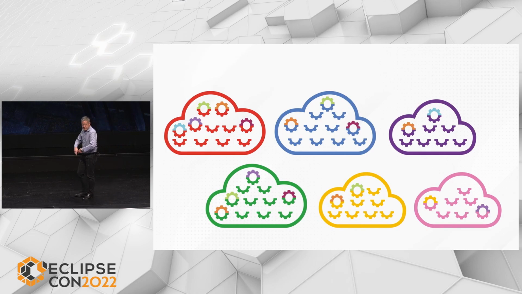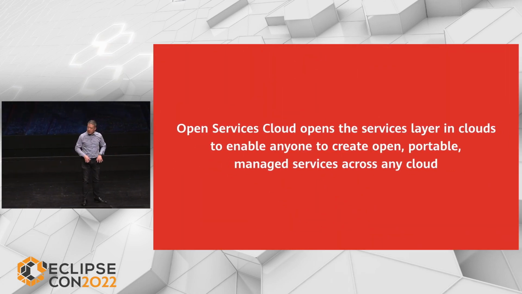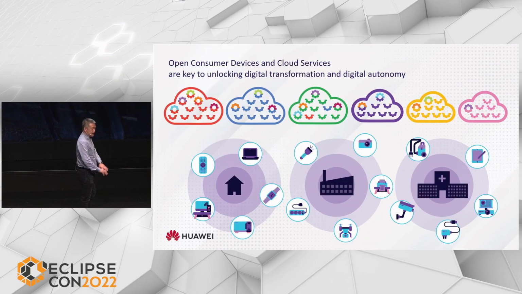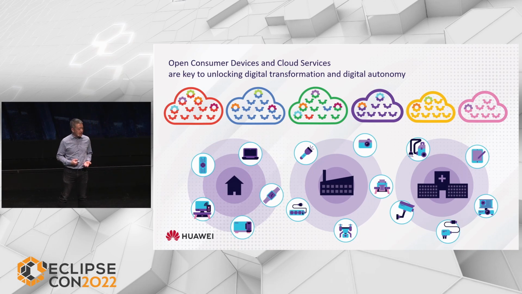So with Open Services Cloud, we're very excited because we think that we can start to address a lot of the fundamental challenges that we have around cloud computing and really start to enable this new open ecosystem around managed services and enable a real multi-cloud environment here in Europe. So as we take a look at digital autonomy and a lot of the things that we're doing, as I mentioned before, open source is one of the best ways in order to give ourselves that kind of autonomy and flexibility.